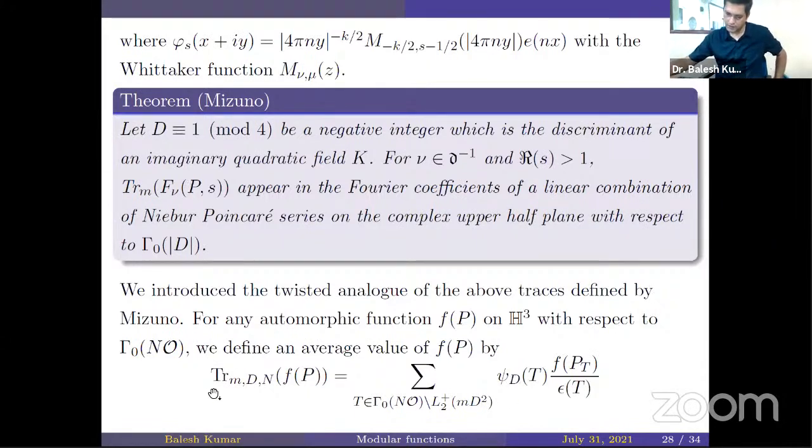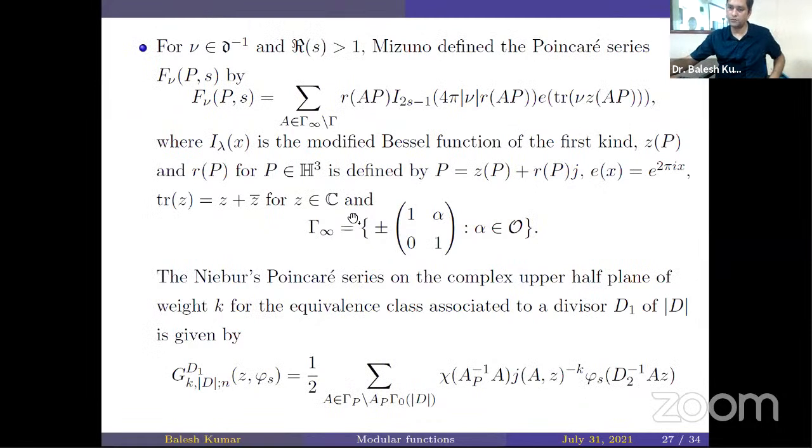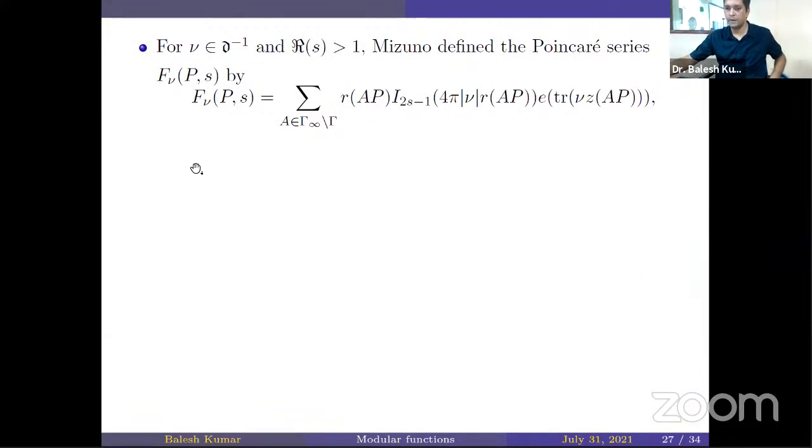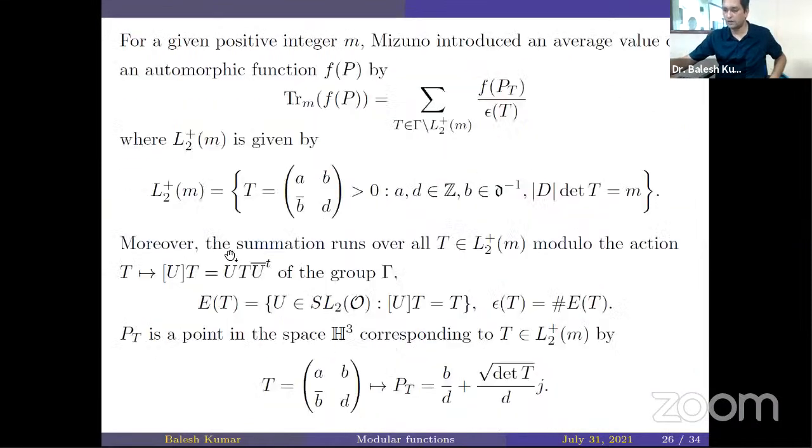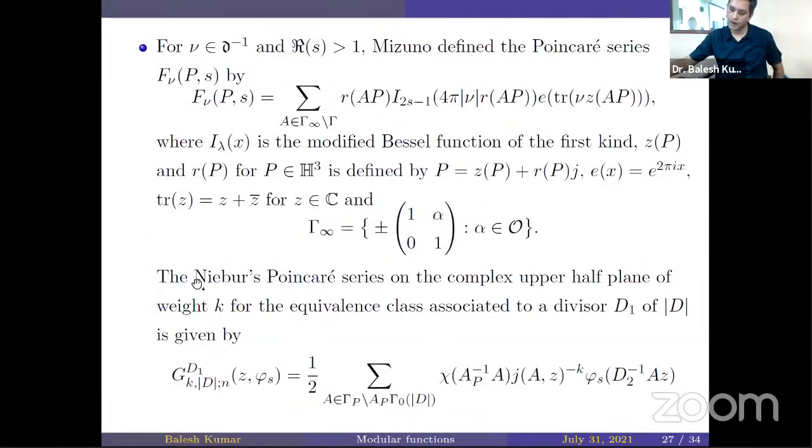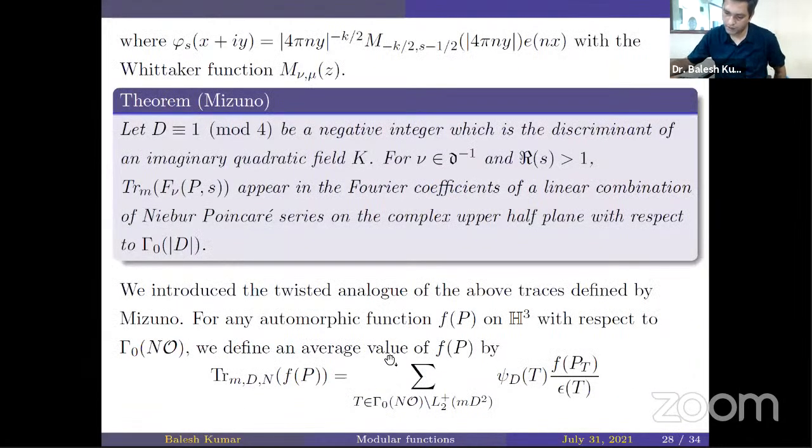So one defines the mth trace of this function corresponding to this imaginary quadratic field D and general level M. Instead of L2 plus M, as one has taken before, one needs to take here L2 plus MD square, and go modulo gamma naught N O, and one can define the twisted mth trace.